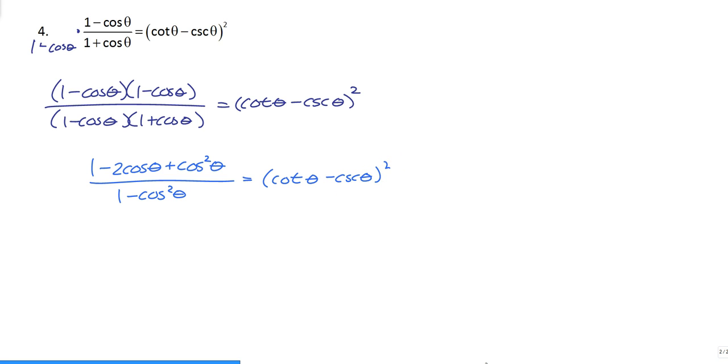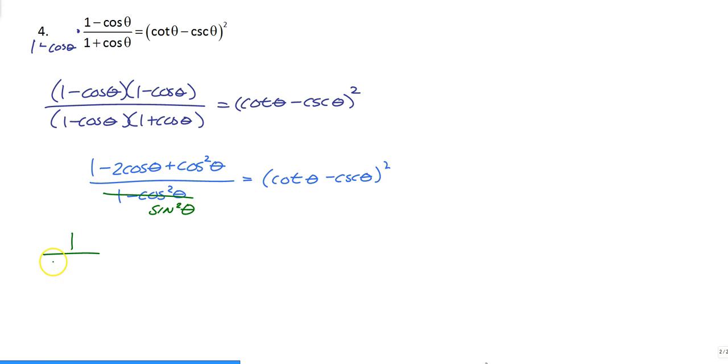And from here, you should see that we have a Pythagorean identity in the denominator. 1 minus cosine squared is sine squared. Okay? So we're going to turn that into sine squared theta. Now here's the cool little trick part. Remember what I told you about numerators at some point in one of these 3 videos: your numerator can be split to have a common denominator. That's what I'm going to do.